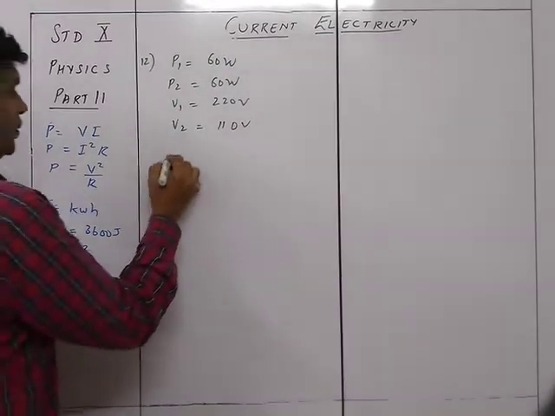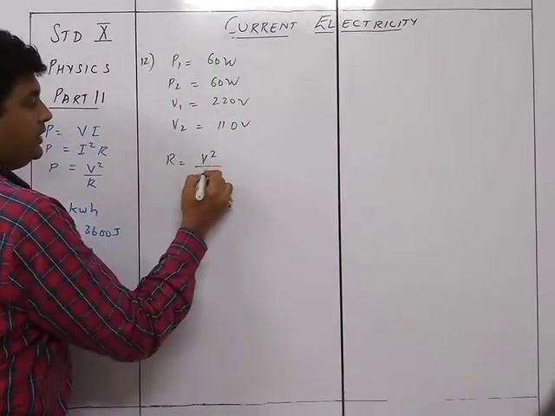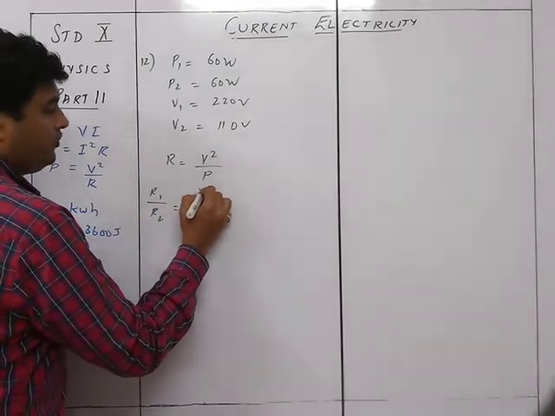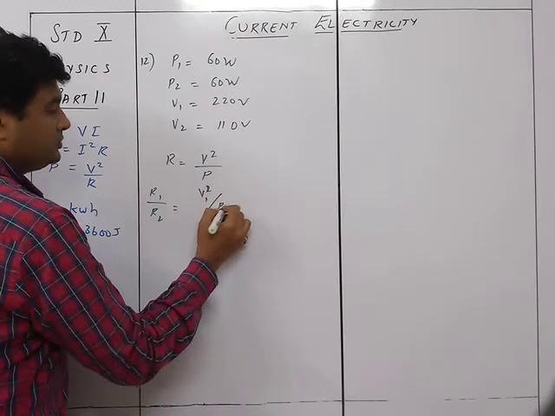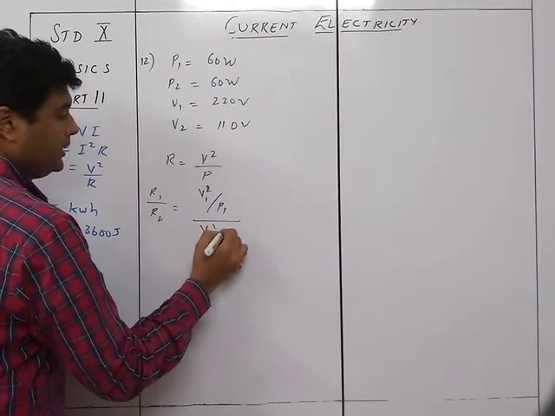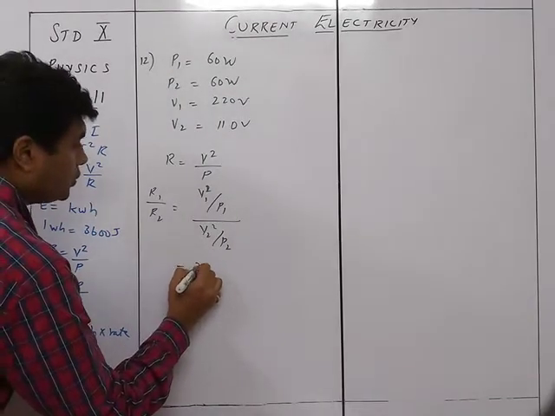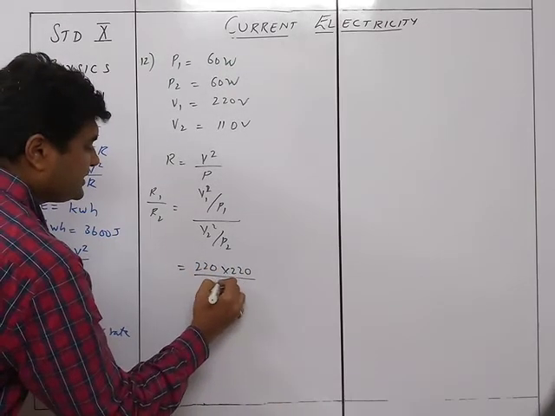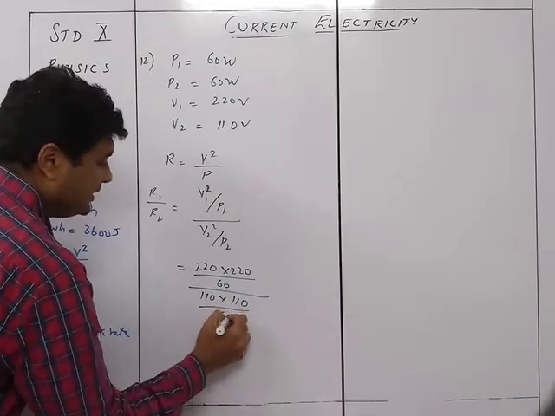We know very well that R is equal to V square upon P. So R1 upon R2 will be equal to V1 square upon P1 divided by V2 square upon P2. That will be equal to 220 into 220 upon 60 divided by 110 into 110 upon 60.